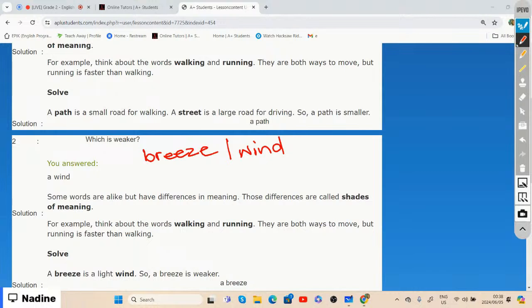So we need to say which one is weaker or lighter. Is it a breeze or is it wind?